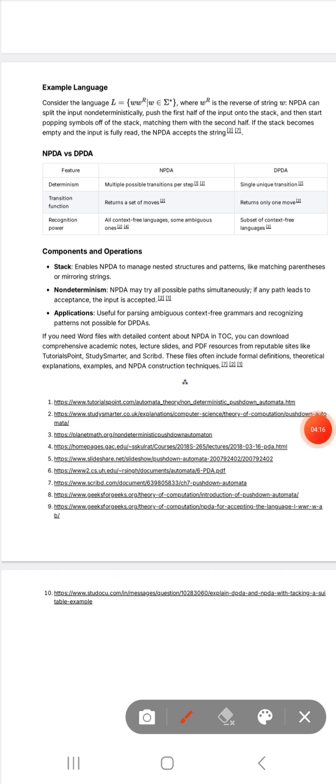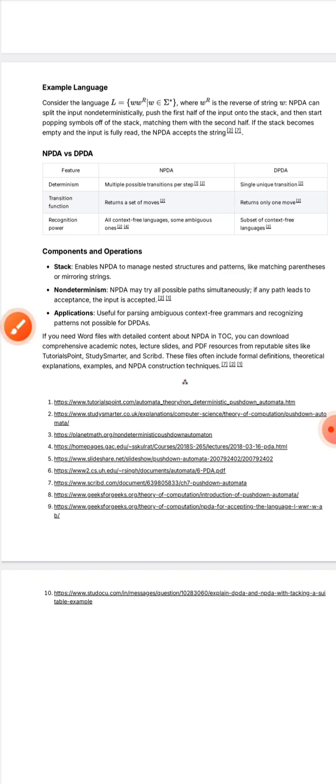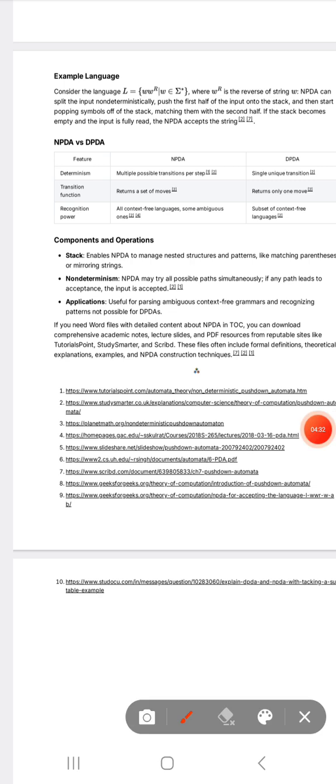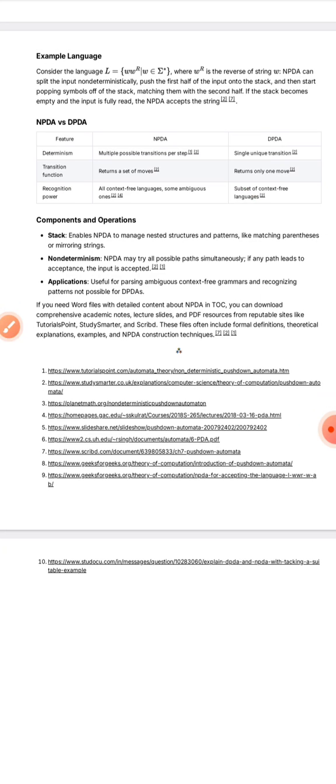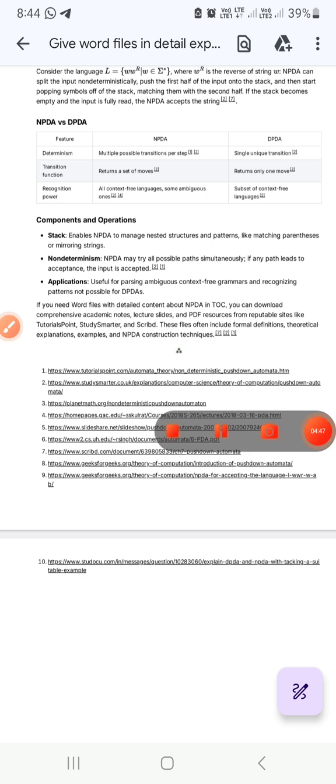For the second point, the transition function: in NPDA, the transition function will return a set of moves, while for DPDA, it will return only one move. In recognition power, NPDA recognizes all context-free languages, including ambiguous ones, but when it comes to DPDA, only a subset of context-free languages is recognized. So this is the main difference between NPDA and DPDA.